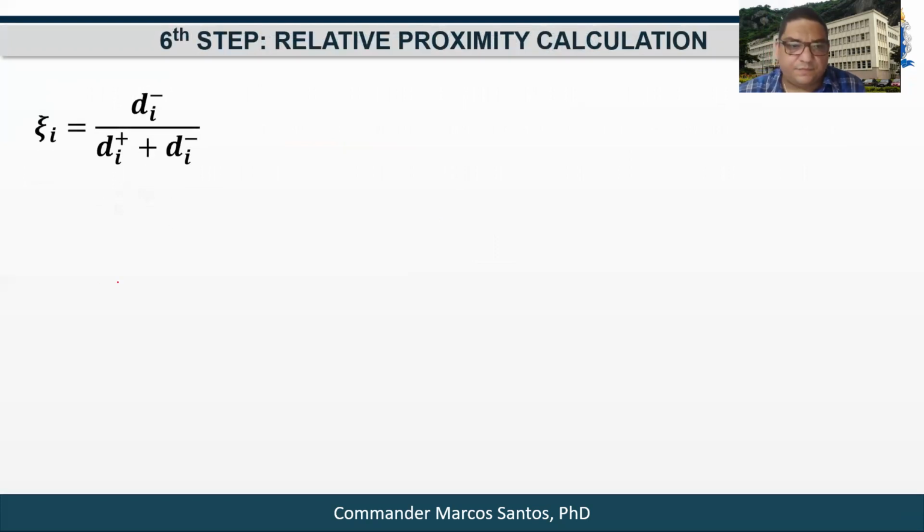So let's calculate the results. So I have provider 1, provider 2, and provider 3.